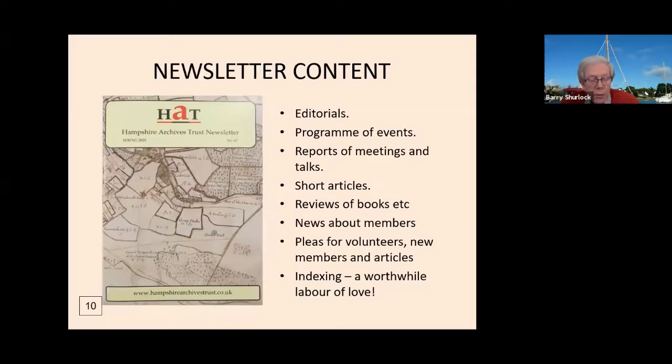Contributions are always welcome, but rarely arrive. In my experience, if you want some copy, the best thing is to pick up the phone and talk to somebody who knows something, write down what they've told you, send it to them, and then they will correct it. It's often much less stressful than waiting for somebody else to write it, but this is a personal choice.